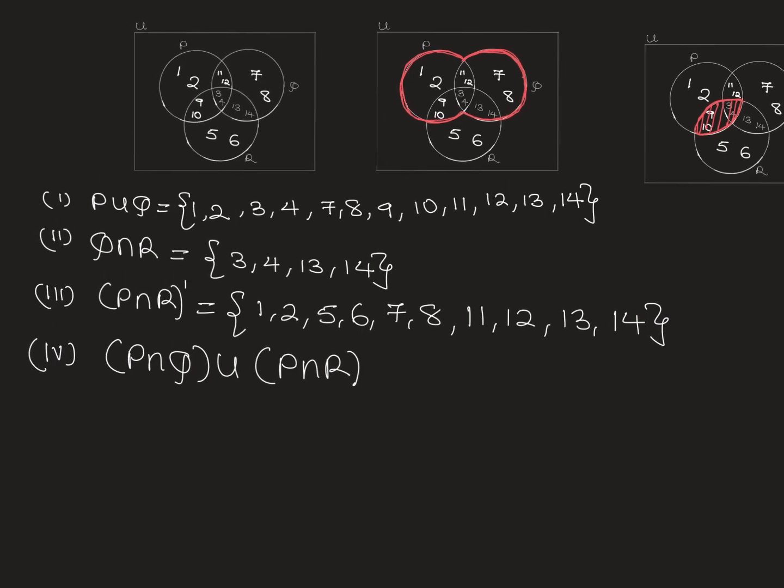First, what it means: try to find P intersection Q, then find P intersection R, and since you have union in between them, it means that you join them.